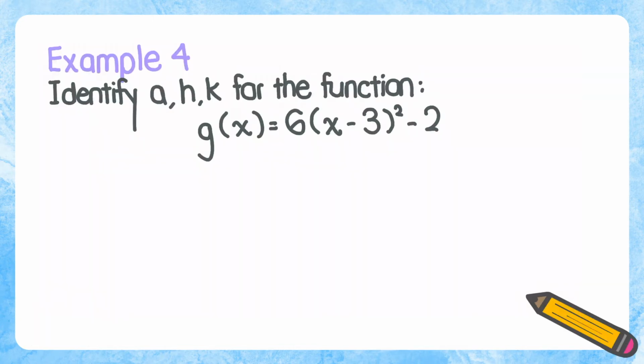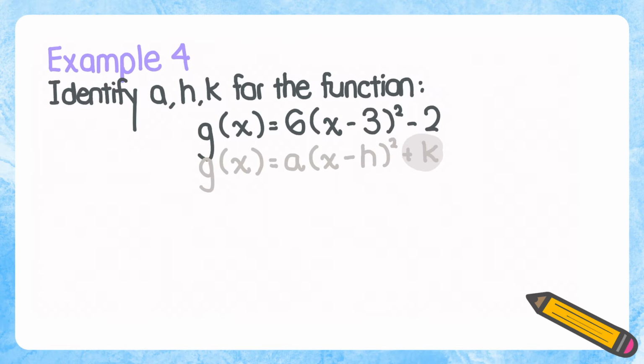Next, let's identify a, h, and k for this function. g of x equals 6 times x minus 3 quantity squared minus 2. Let's write out the general vertex form. So g of x equals a times x minus h quantity squared plus k.